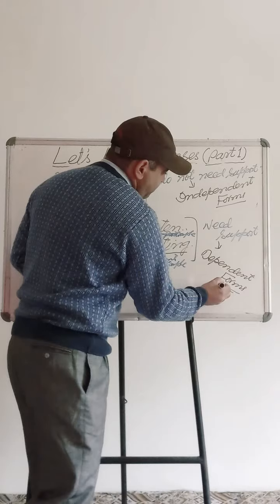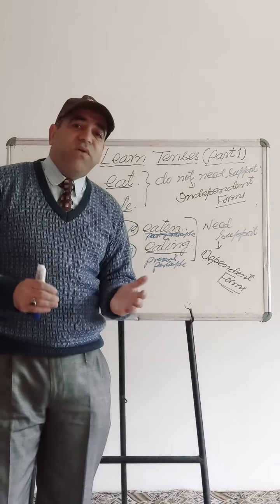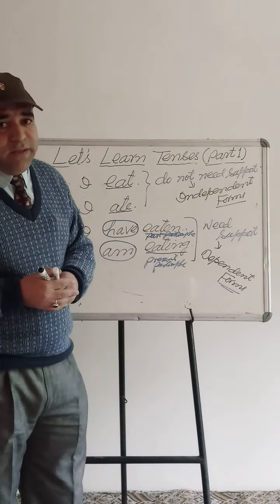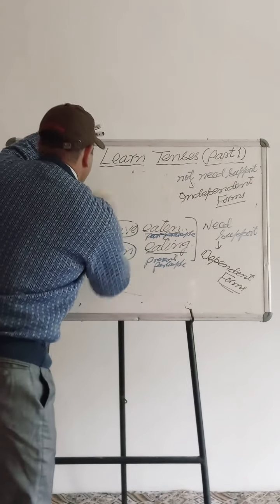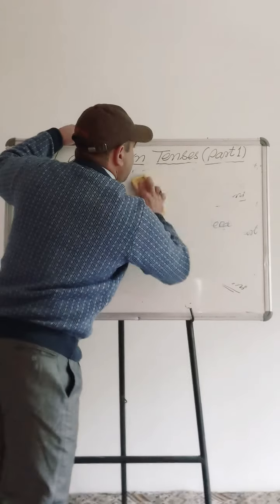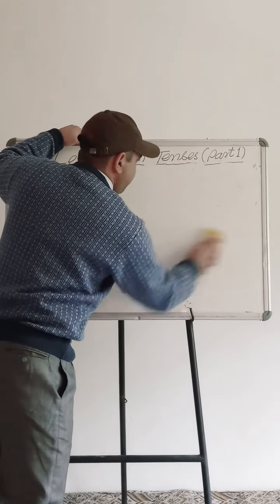Now we have four forms of a verb: two are dependent and two are independent. Let us do an activity. Dependent forms need support. Independent forms do not need support.